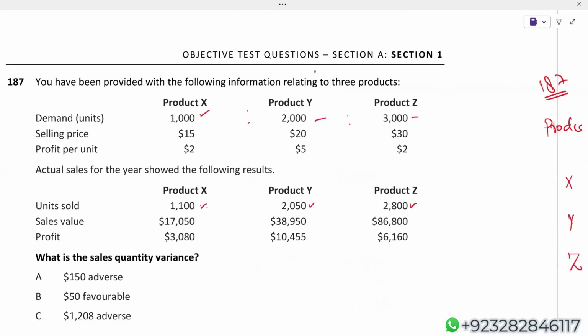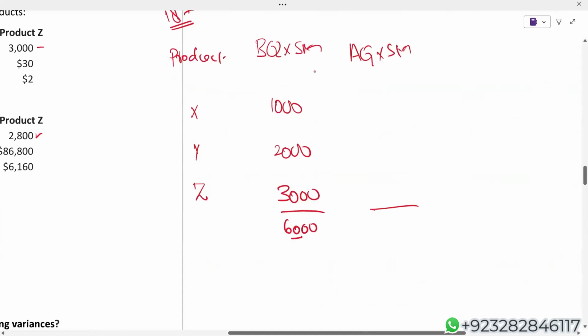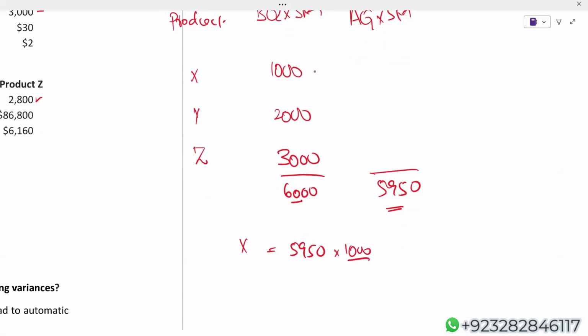If I add all of them, 1,100 plus 2,050 plus 2,800, I'm getting 5,950. Now this 5,950 should be mixed according to the ratio of 1:2:3, which means that 1,000 upon 6,000, or you can say 1 upon 6. It's the same thing.